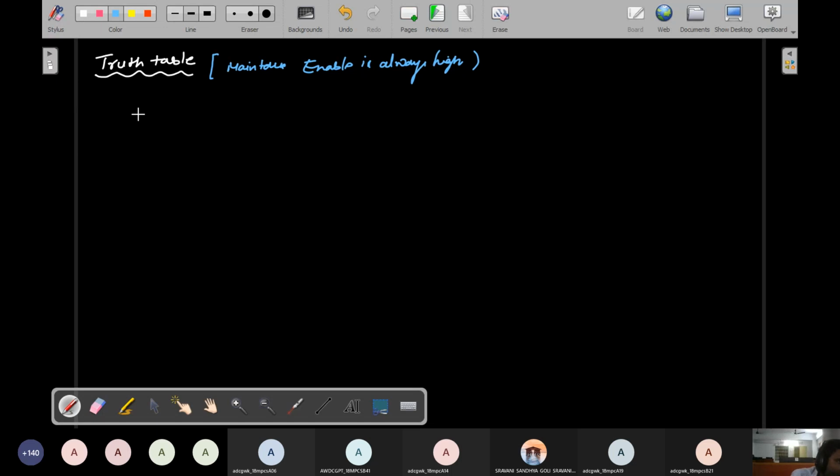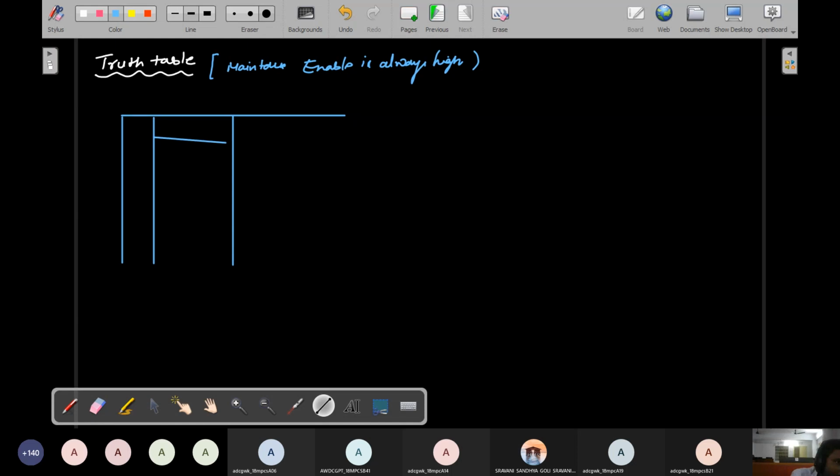Right, I designed the truth table first of all. So this is the truth table. This is the input signal and the selecting lines. These are the selecting lines, and these are the outputs.